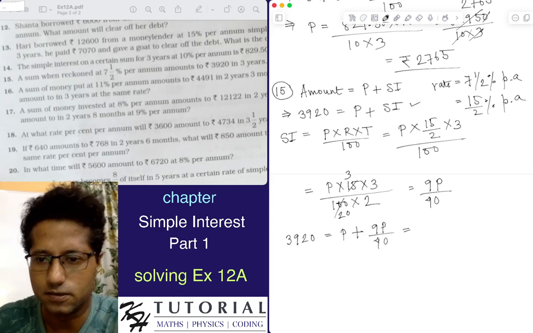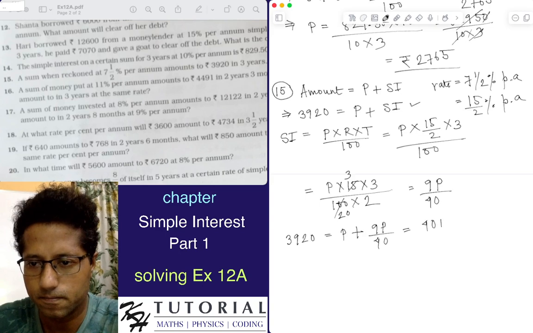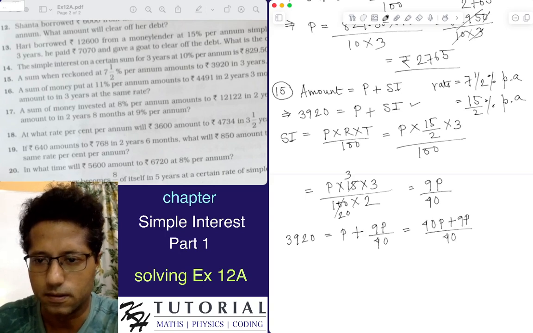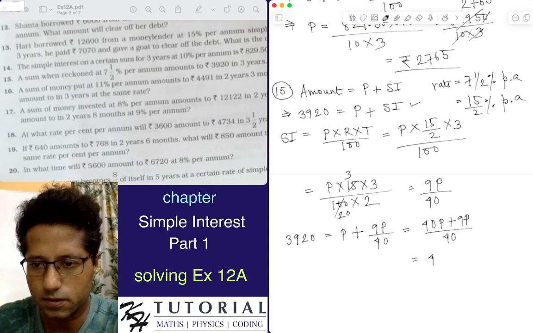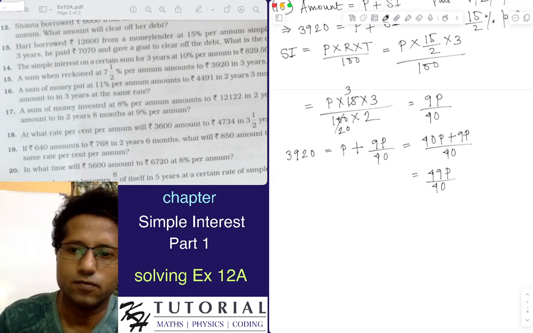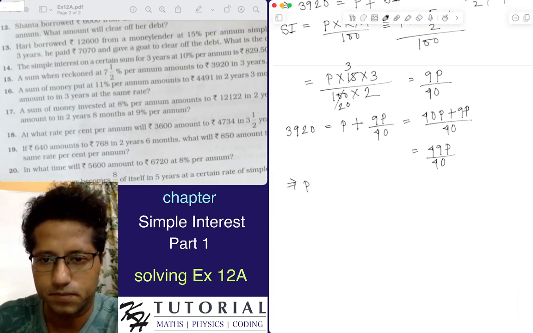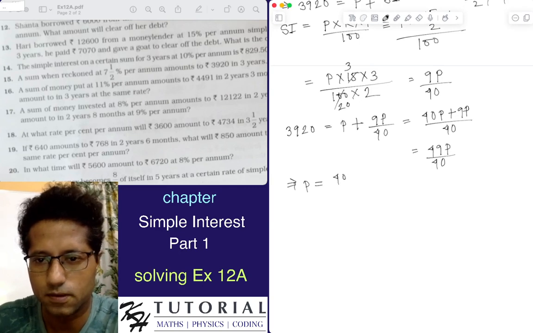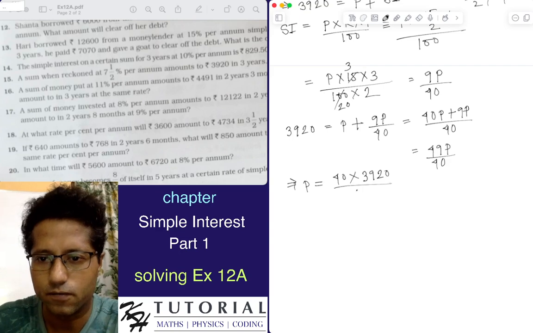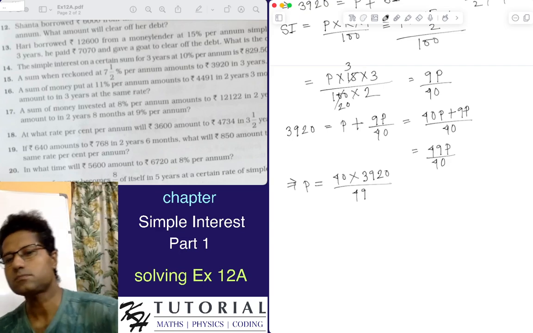Now, if we simplify this, this is 40P plus 9P by 40. This is 49P by 40. Now if we solve for P, we get P equals 40 multiplied by 3920 divided by 49.